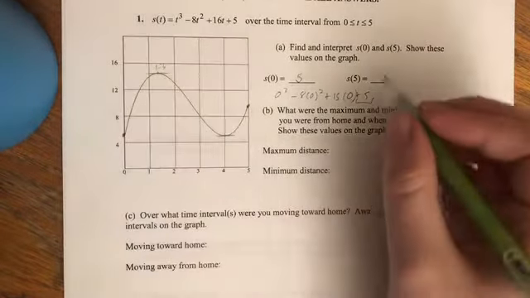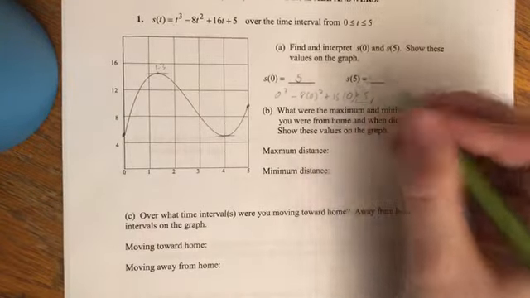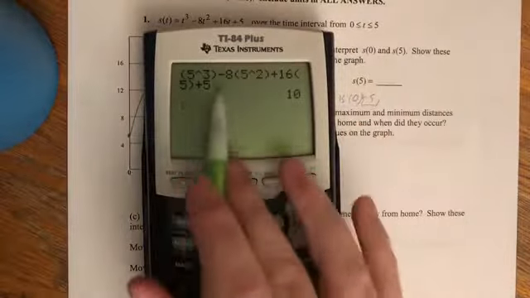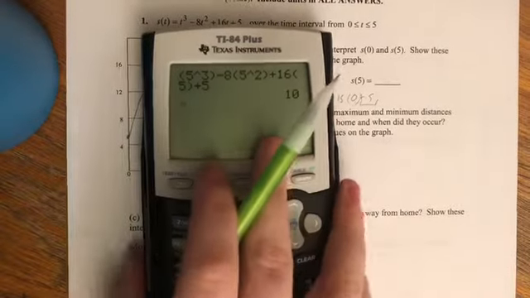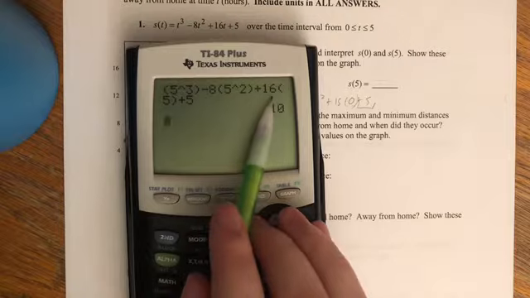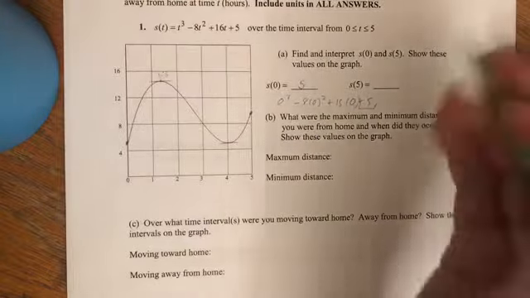And then the next one, when t is 5, you do the same exact thing. And I just put it into the calculator right here. So it's 5 cubed minus 8 times 5 squared plus 16 times 5 plus 5. And that all equals 10.